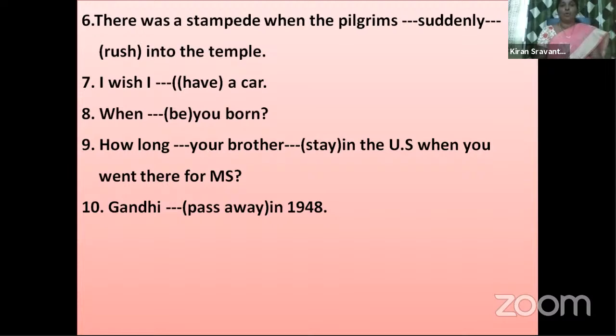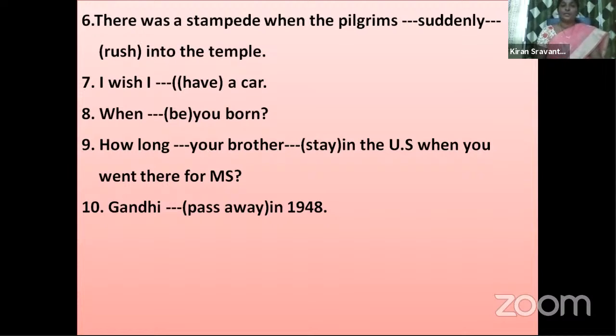When were you born? And coming to the ninth one: how long did your brother stay in the US when you went there for MS? So how long had your brother stayed? That means we are talking about a definite action that's relevant to past tense. So past perfect tense it belongs to. How long had your brother stayed in the US when you went there for MS?